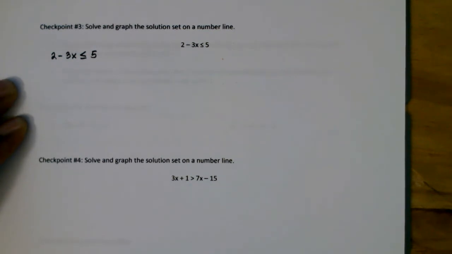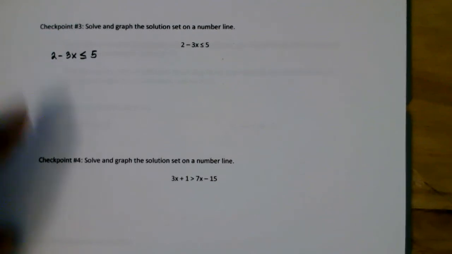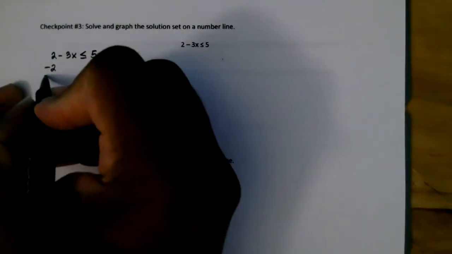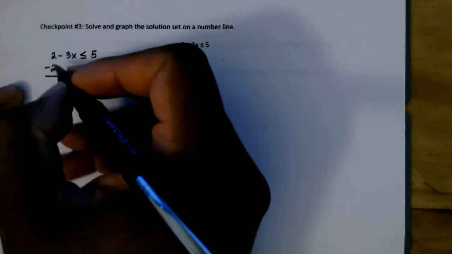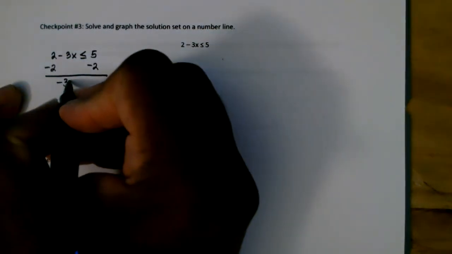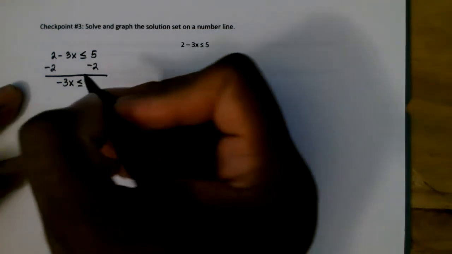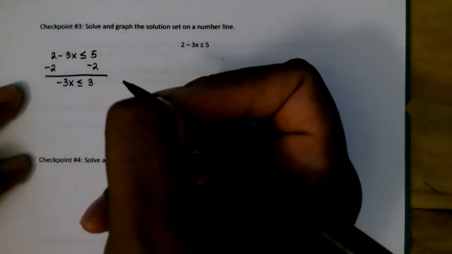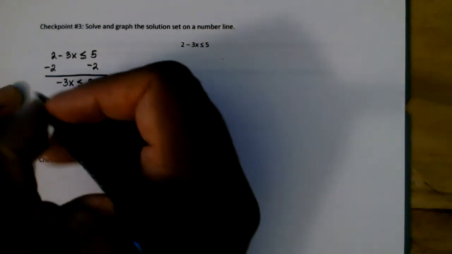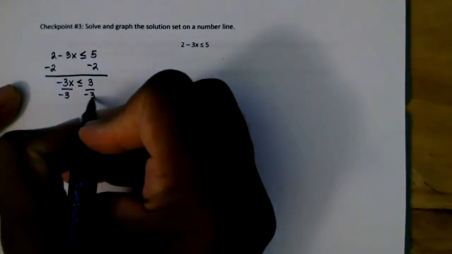To get x by itself, we divide both sides by negative 3.